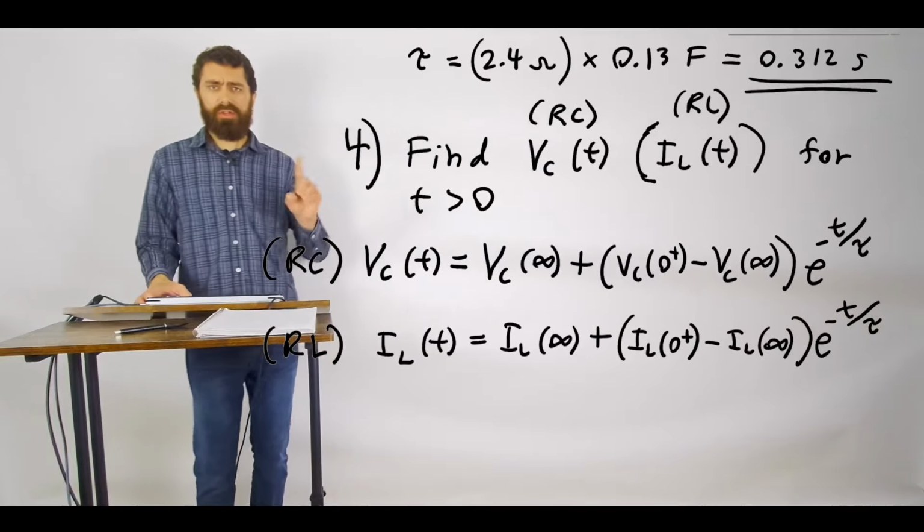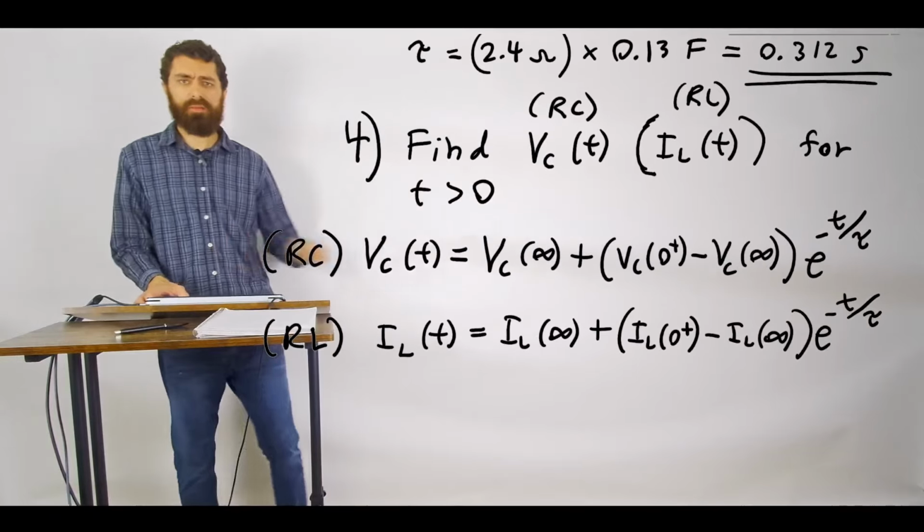And so you can kind of make some intuitive sense of this formula. Essentially, this infinity term represents the voltage that is due to an independent voltage or current source in the circuit. And we typically call this term here the forced response, because it has to do with an independent source that's driving the circuit.